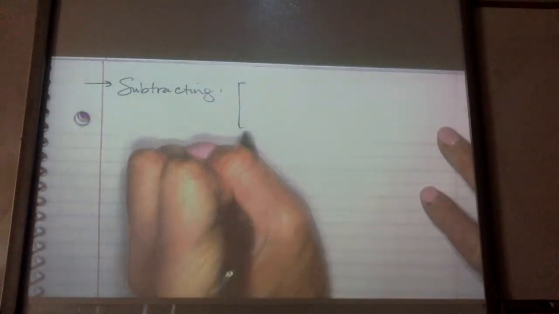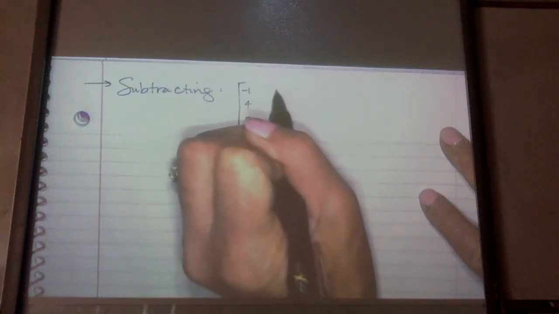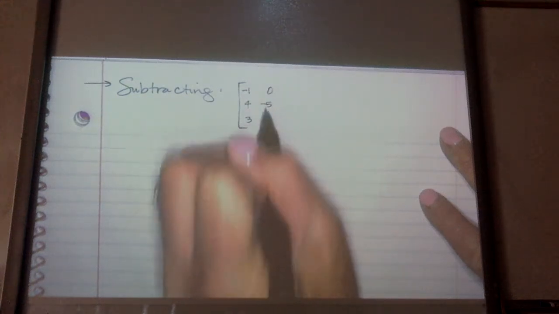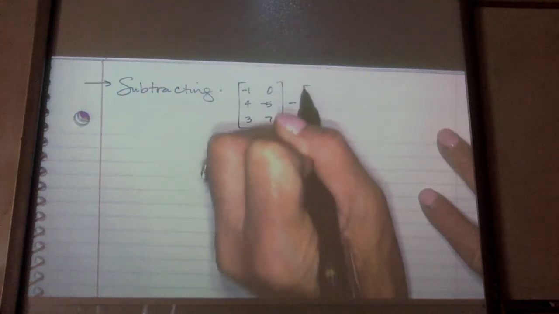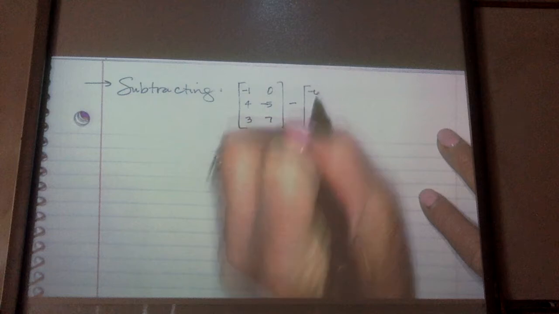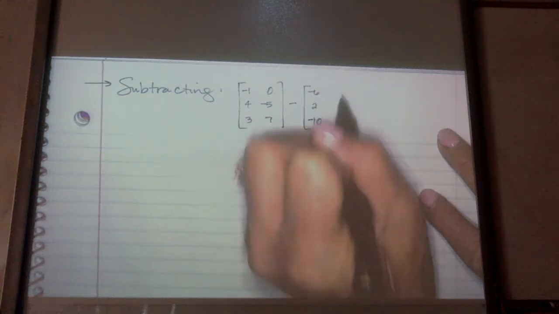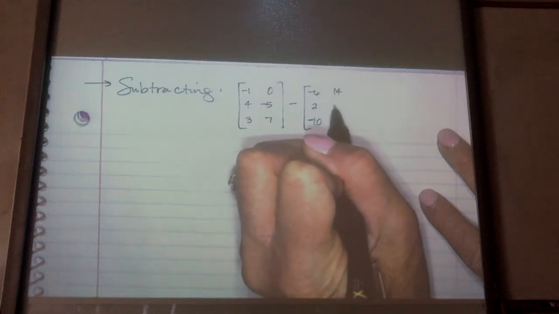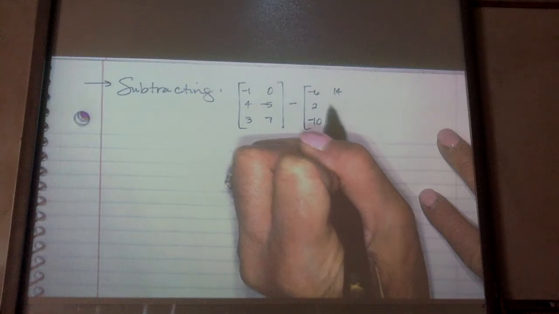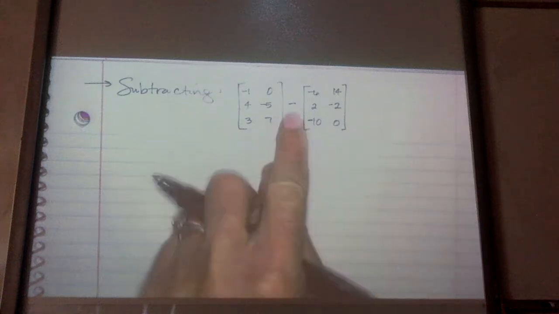So what if I have -1, 4, 3, 0, -5, 7, minus -6, 2, -10, 14, -2, and 0.